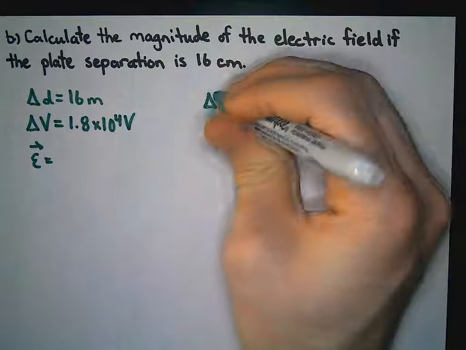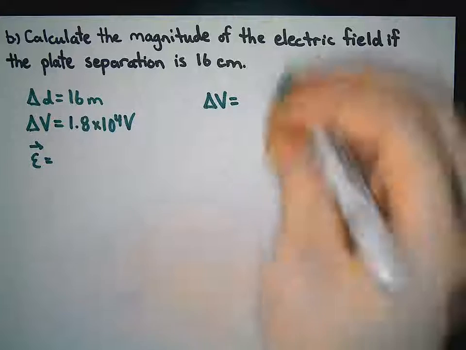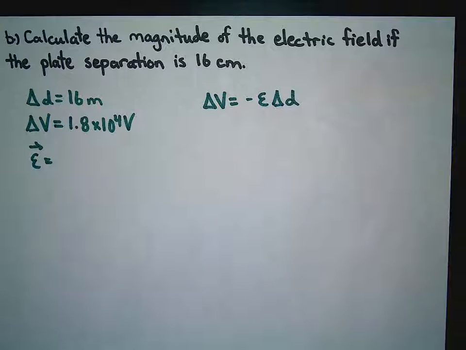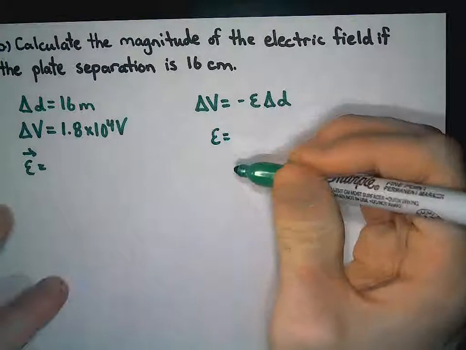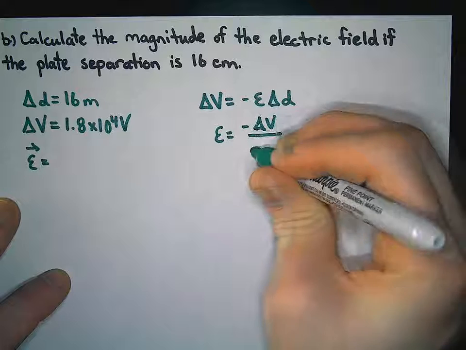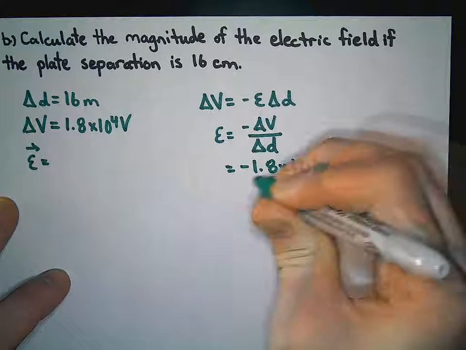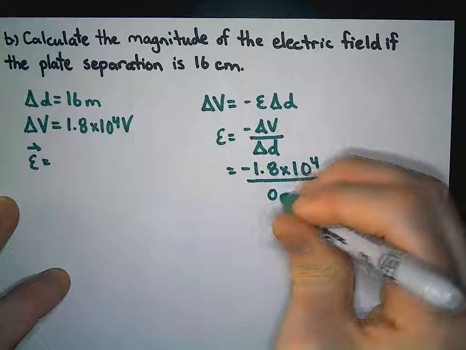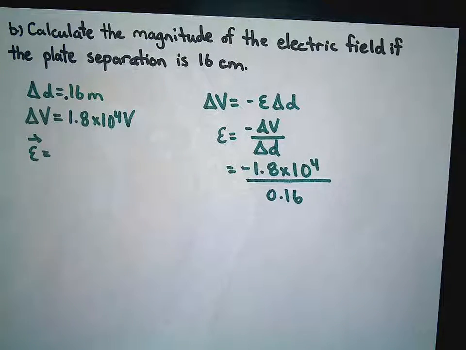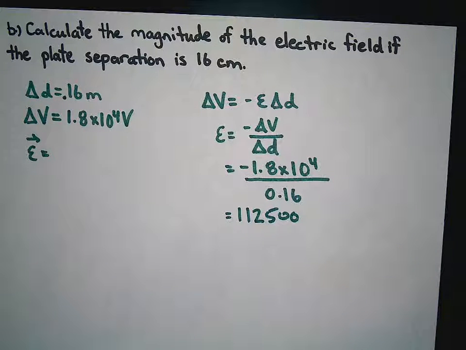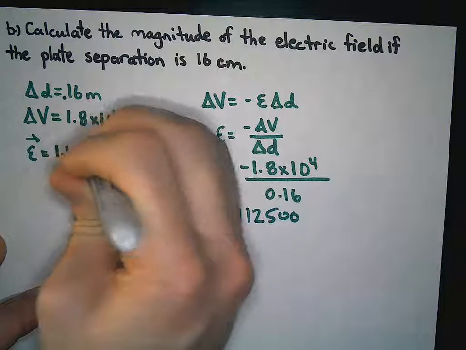And recall from earlier, we know that the electric potential difference is equal to the negative of the electric field strength times delta D. Solving for epsilon in this case, we get that it will be equal to negative delta V all over delta D. So that will be negative 1.8 times 10 to the 4th, all divided by 0.16. 112,500. 2 significant digits again, so 1.1 times 10 to the 5th.